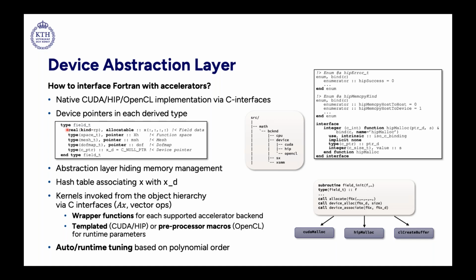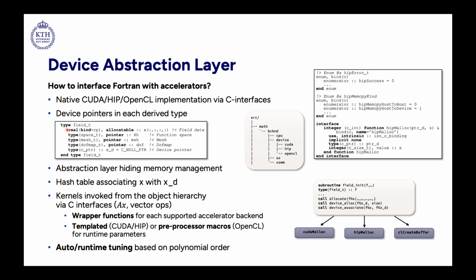Yes, that is true. But we realized early on that when we tried this, there were so many bugs, especially since we rely a lot on object orientation, that we got a lot of implicit memory copies, which of course hopefully will be fixed in OpenMP in the future, but we couldn't really wait for that, so we decided to roll our own interface that we have full control of.